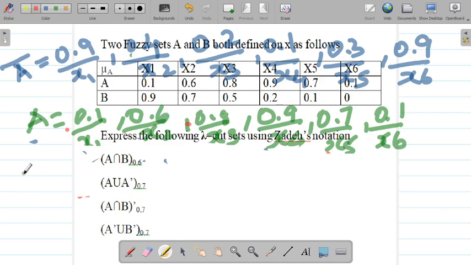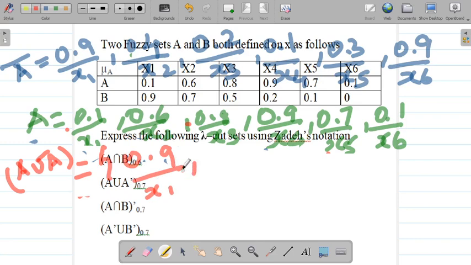So now we are going to find A union A bar. Union means we should find the maximum value between A and A bar. Here 0.1, here 0.9, which is maximum? 0.9. Then here 0.6, here 0.4, which one is maximum? 0.6. Then here 0.8, here 0.2, 0.8.